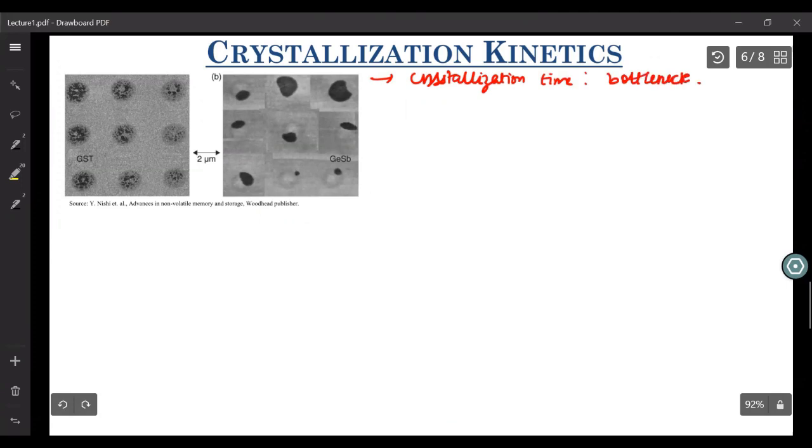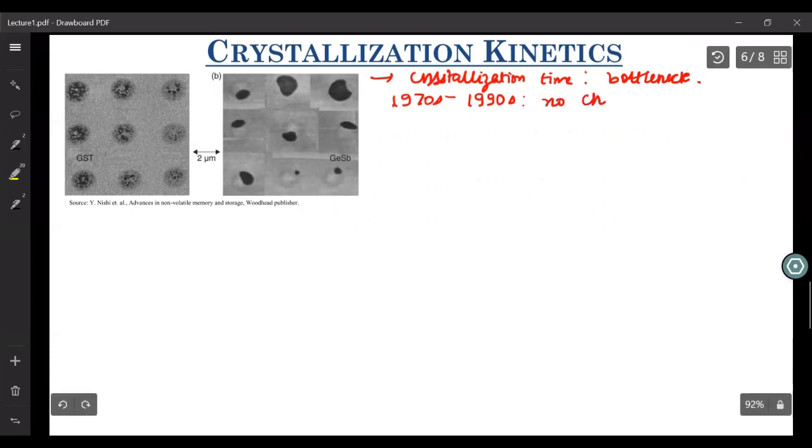Although they were discovered in the 1970s itself, 1968 you saw Ovshinsky came up with this, from the 1970s till the early 1990s there was no commercial application of this, just because there were no chalcogen alloys with fast crystallization time.